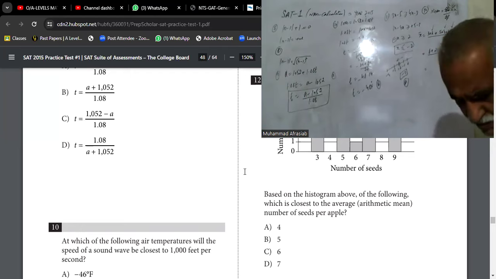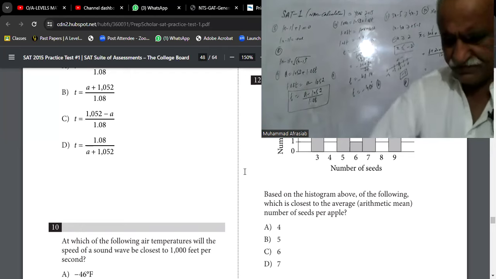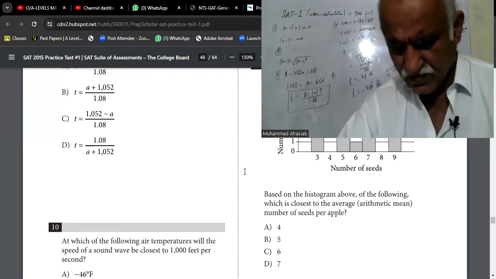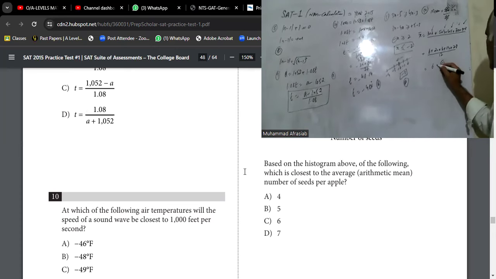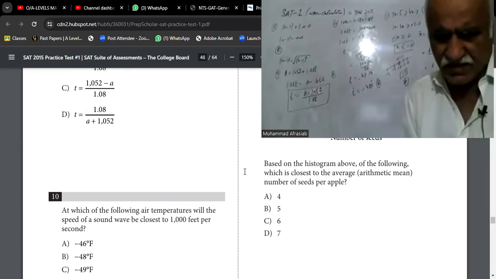So our answer is C, which is closest to this part.